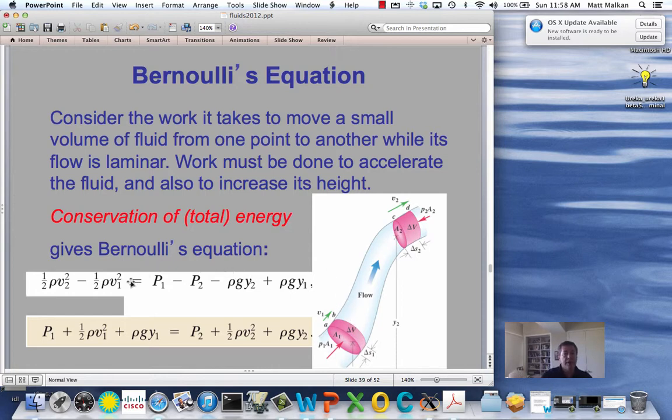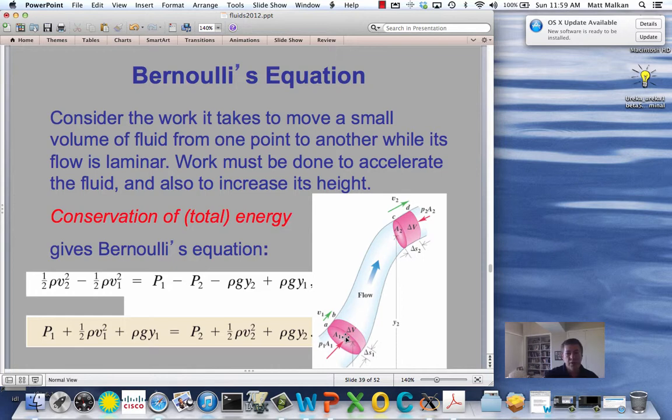So what is this actually saying? I kind of like the beige version of this formula. It just makes more sense to me. Let's look at the beige version here. At point 1 down here, the disk is going through a cross-section A1 under pressure P1.